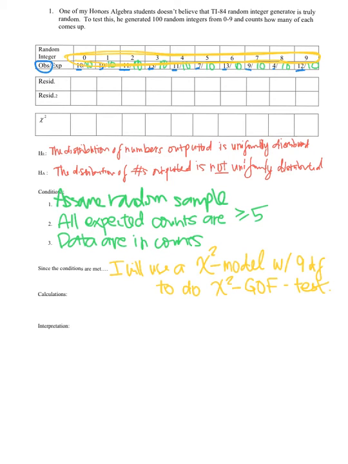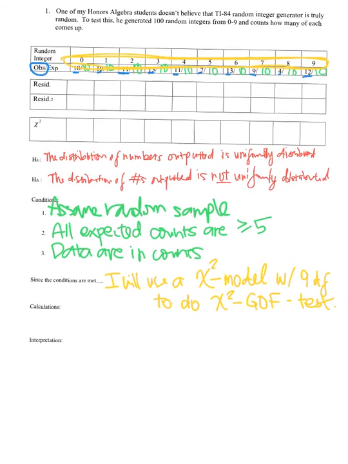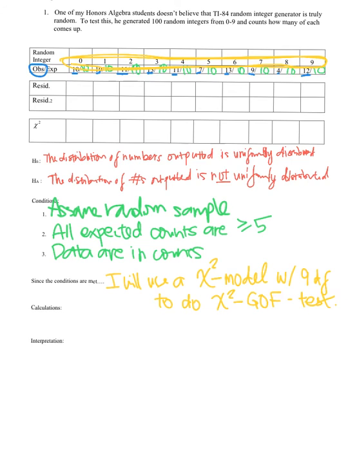So I just labeled that resid, and that is the difference between the observed and the expected. All right, so let's go ahead and find those differences. So we got 0, 0, 1, 3, 1, -3, 3, -1, -6, and 2.